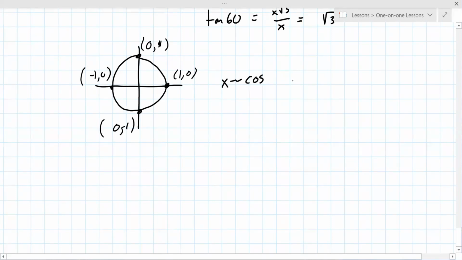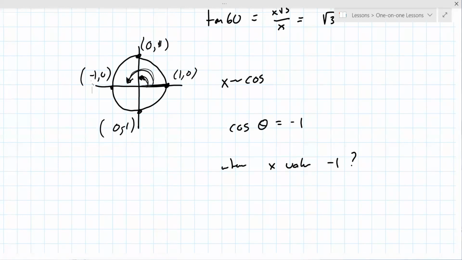It said cosine theta equals -1. It's really saying where is the x value -1? Here the x value is 1, 0 degrees. At 90 degrees, the x value is 0. At 180 degrees, or pi, the x value is -1. Oh, okay.